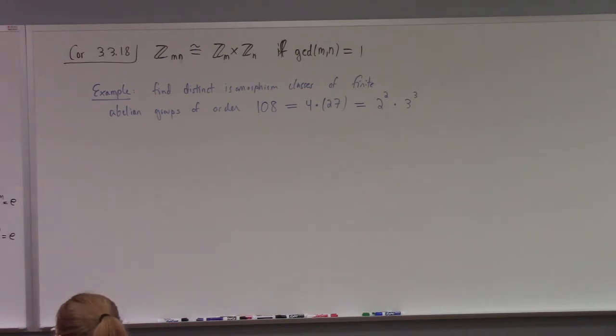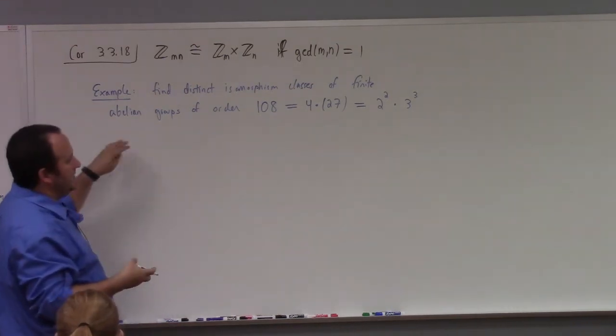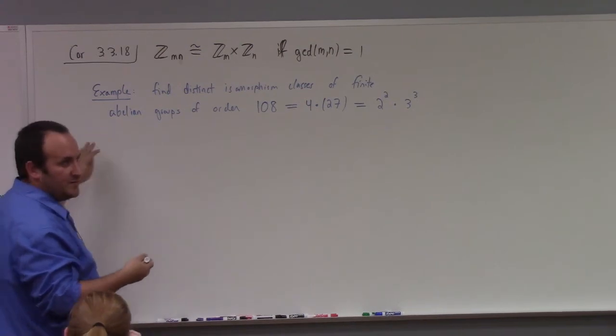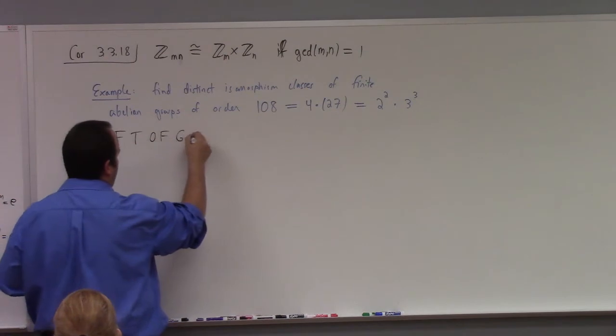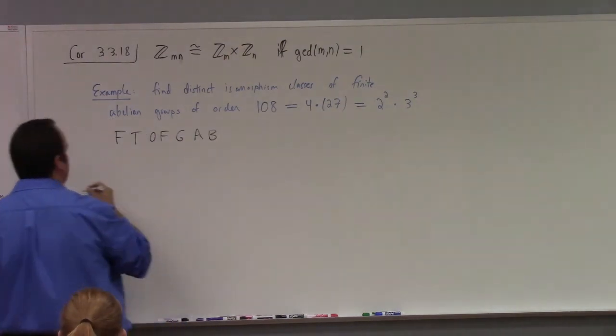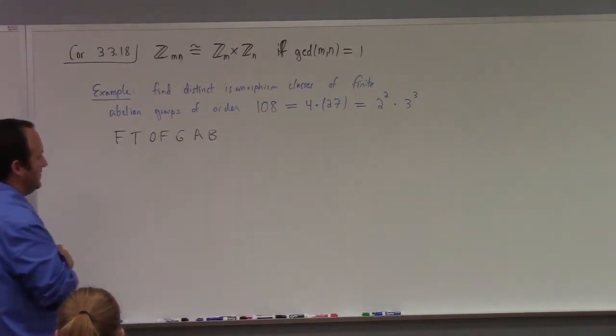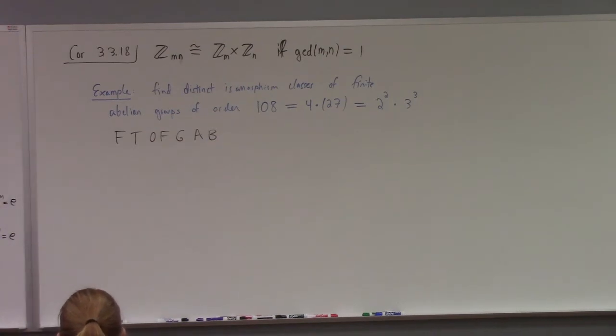Anyway. So the fundamental theorem of finitely generated abelian groups says that any finitely generated abelian group is isomorphic to a direct product of cyclic groups of prime power order.